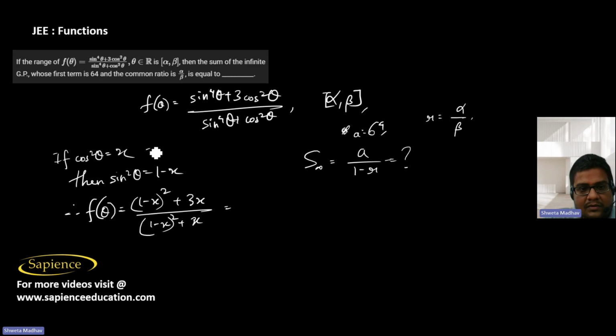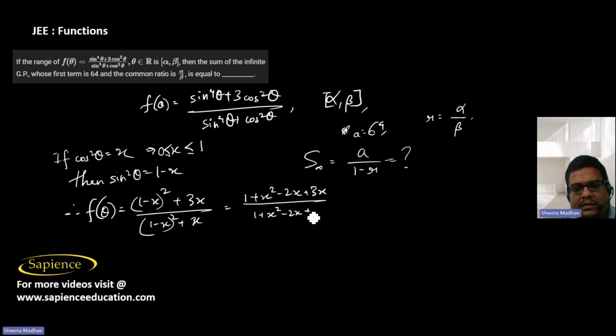And here x will be less than or equal to 1 and more than or equal to 0. X will go from 0 to 1. So this will be 1 plus x square minus 2x plus 3x divided by 1 plus x square minus 2x plus x. So this will be x square plus x plus 1 divided by x square minus x plus 1.